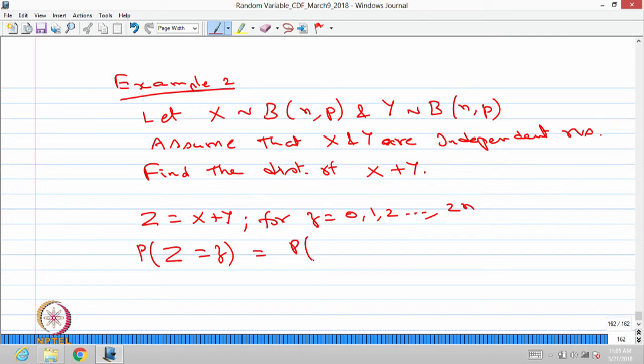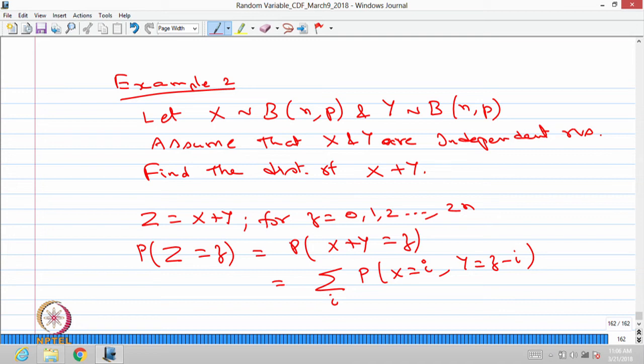So, we will be worried about when z takes a value 0, 1, 2 and so on till 2n. This is the same as replacing z by x plus y taking a value small z. That is the same as, if I introduce a dummy index i, the probability that x takes a value i and y takes a value z minus i, and over all possible values of i we get the probability that x plus y is equal to z.